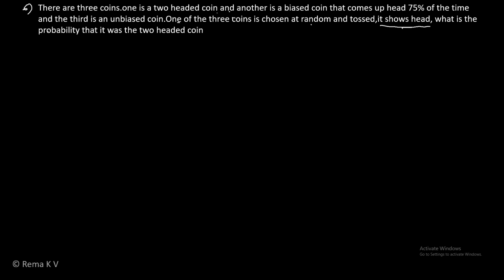See, in the first question there are 2 bags. From one we are choosing one bag and then selecting a ball. Then in the second question, out of the students of a college, there are hosteliers and day scholars.